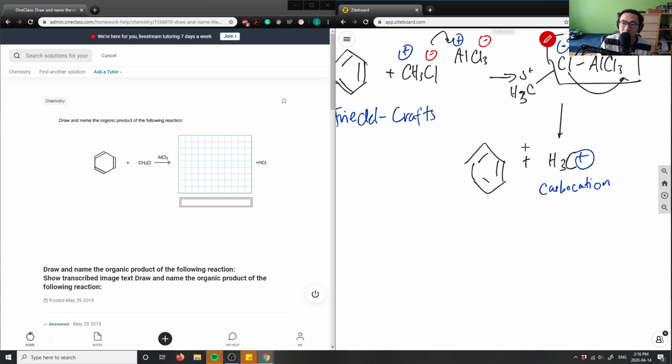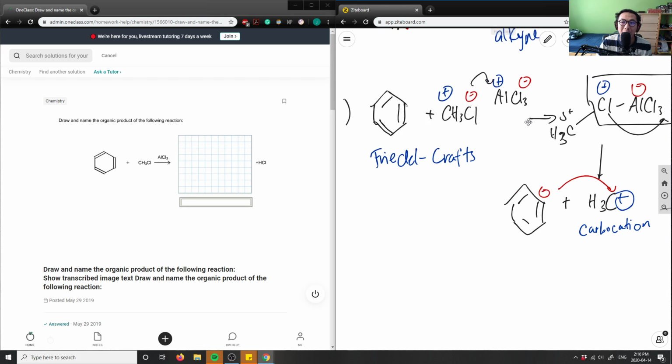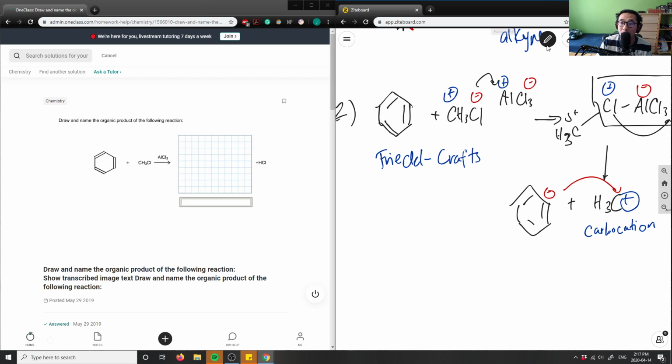The benzene you can think of as negatively charged because it's electron rich, so it's going to attack, and finally make my product, which is benzene with a methyl group here. This is a classic example of a Friedel-Crafts alkylation, right? I'm adding an alkyl group to my benzene.